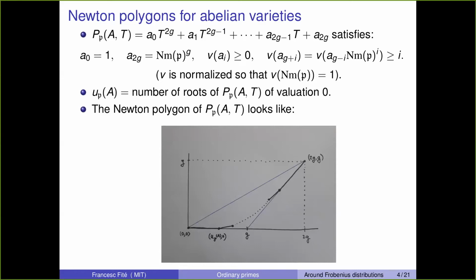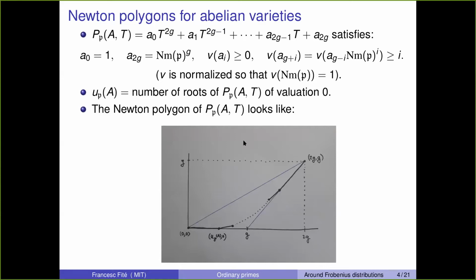And we also know that the characteristic polynomial of Frobenius is almost palindromic. And by this I mean that the coefficient a_{g+i} can be recovered from the coefficient a_{g-i} by multiplying it by the norm of P raised to the i. Since a_{g-i} is an integer, this tells us that the valuation of a_{g+i} is at least i.